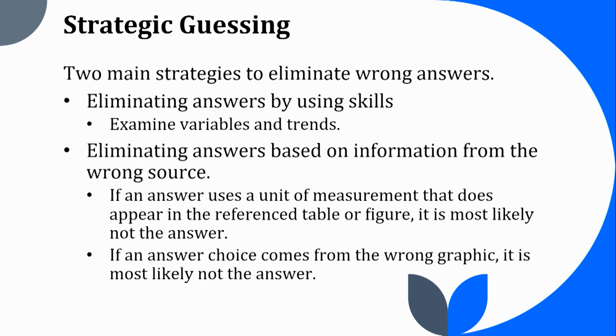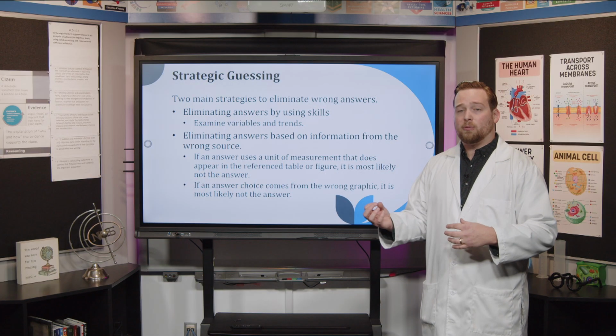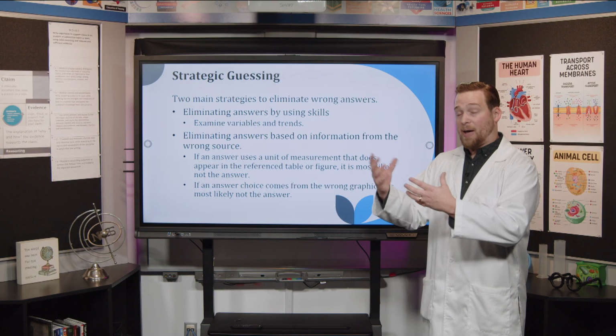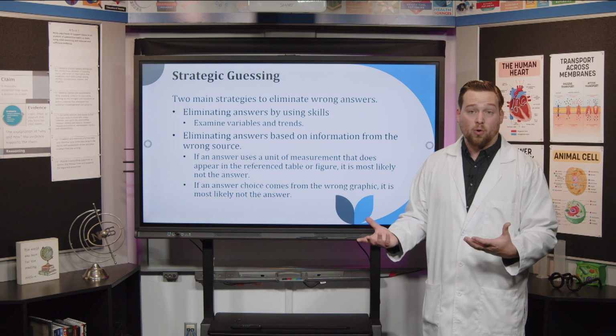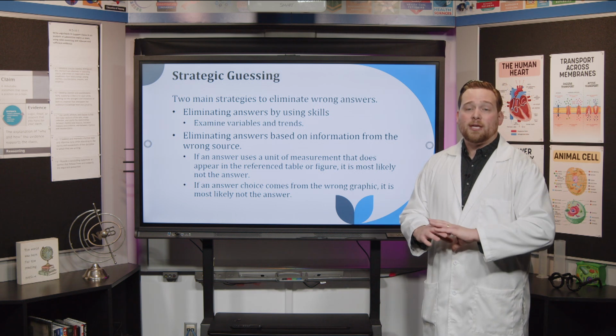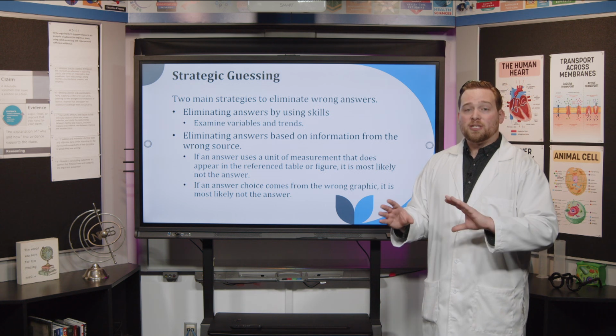Well, if you see those trends, you're going to get asked questions about them, and so you can use that information to eliminate a couple of the wrong answers. Also examine the variables. If we're using variables that did not appear in the passage, they're probably the wrong ones. So that's how we can eliminate some answers by using skills.